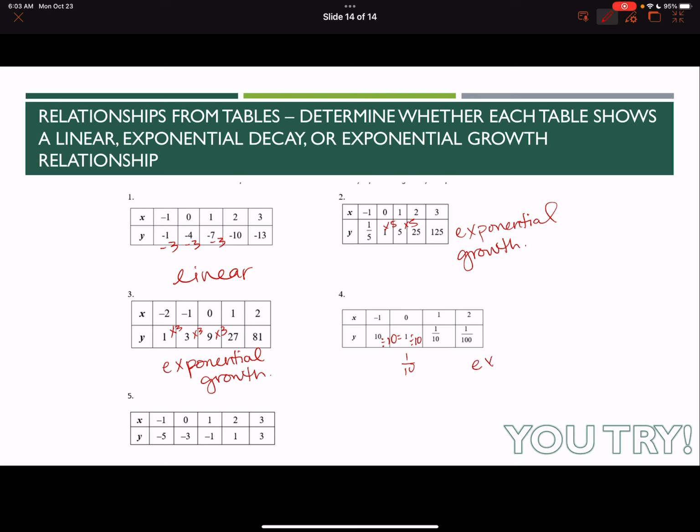So this one is exponential decay because they're getting smaller. And then number 5, again, it might feel tricky with the negative values, but hopefully you saw that the pattern was we're adding 2. Adding 2 every time. So that's linear. All right, that's it.